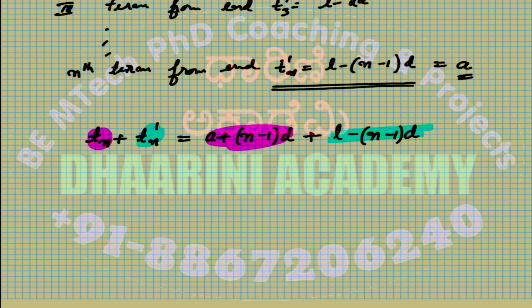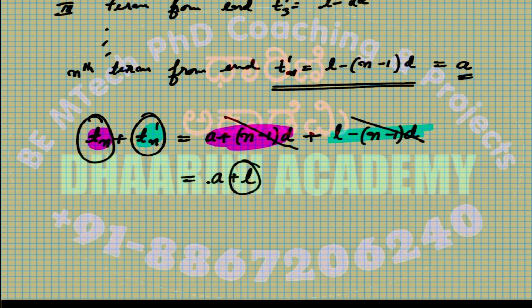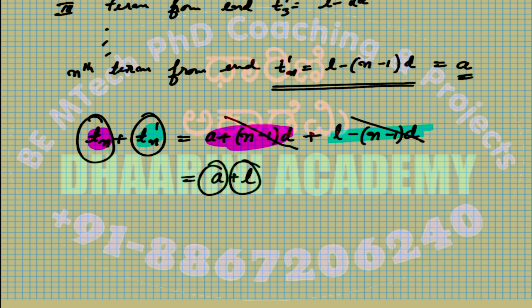Okay, so let us simplify this further. I can understand that the plus n minus 1 into D and minus n minus 1 into D will cancel, right? So the first term and the last term is basically A plus L. Obviously Tn, the nth term, is L, and Tn dash is A, right? So you see you are getting back the same thing. So this is just a verification as well. Also you can apply this to solve many of the problems.